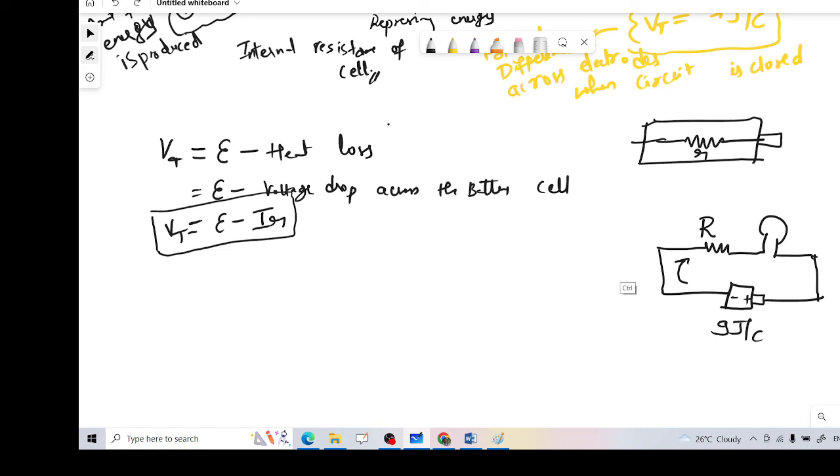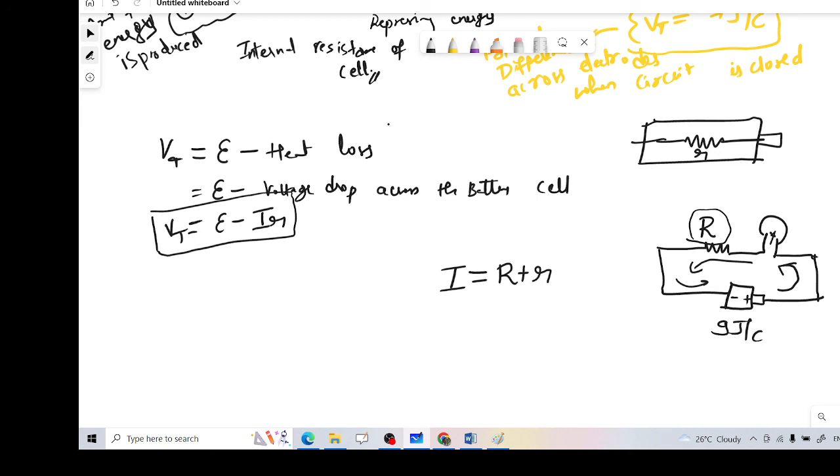If I want to calculate the current flowing through this circuit, this I depends upon this resistor value, which is connected in series to the bulb, and then the internal resistance present in the battery cell.